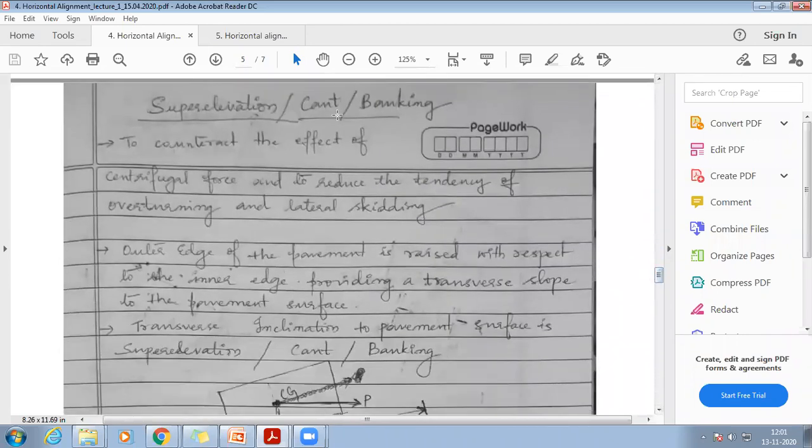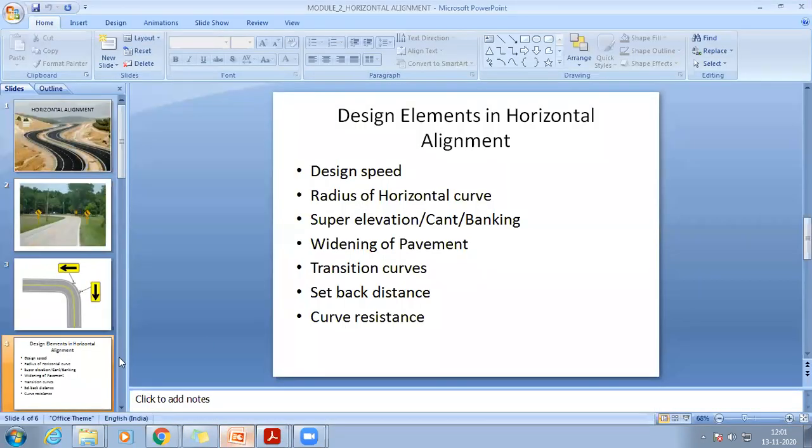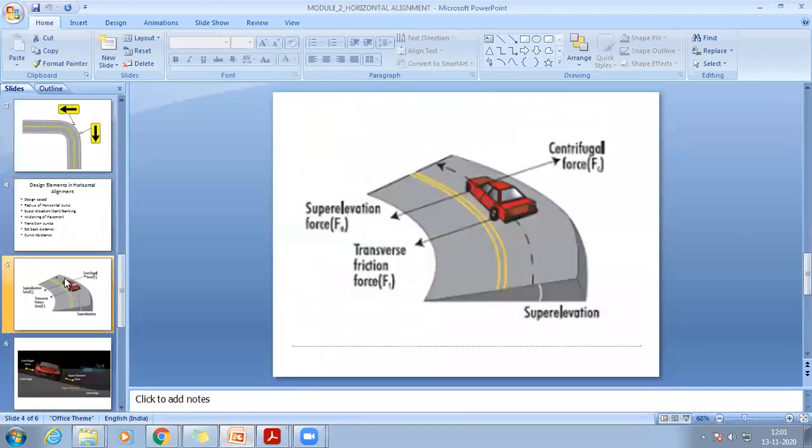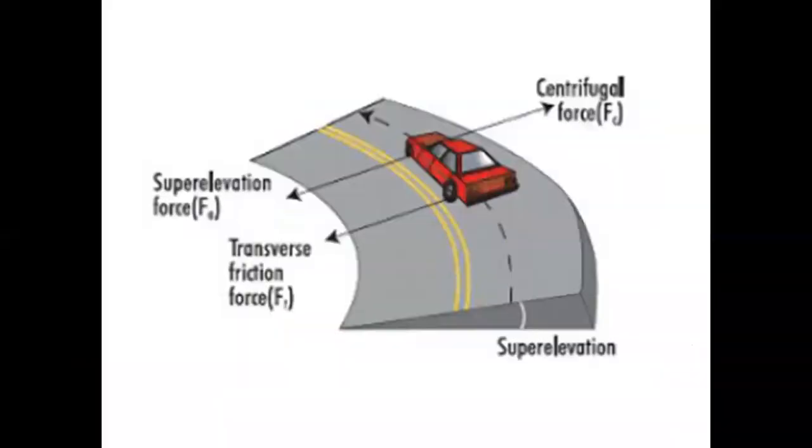So next, what we are going to see is the super elevation. You would have heard of it, right? Have you heard of it? I don't know. So see, it is mainly to counteract the effect of this centrifugal force. What do you mean by counteract? Mainly to oppose it or balance it.